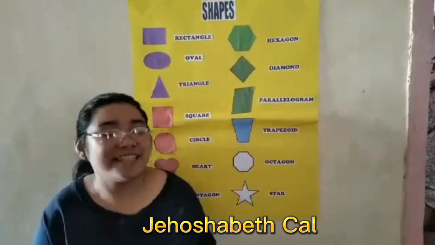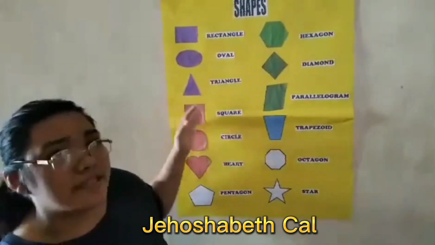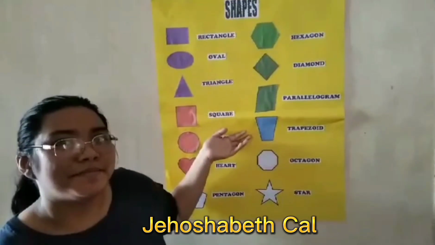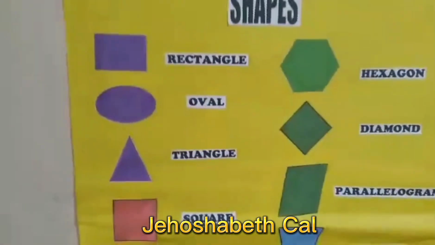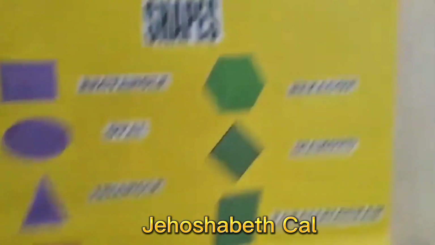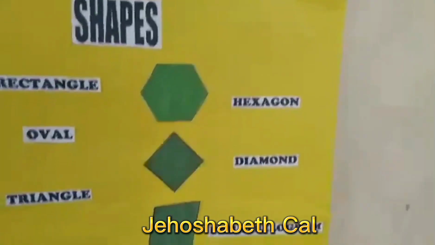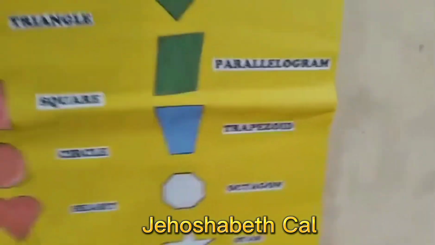As you can see here, my work is done after several hours, and it's all about shapes. The shapes here are rectangle, oval, triangle, square, circle, heart, pentagon, hexagon, diamond, parallelogram, trapezoid, octagon, and star.